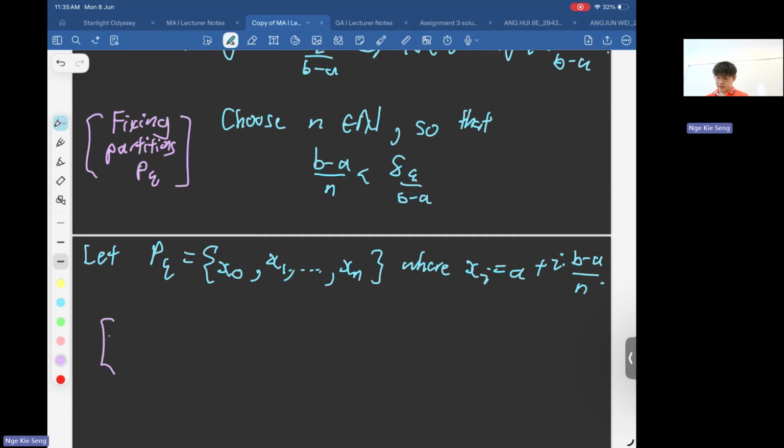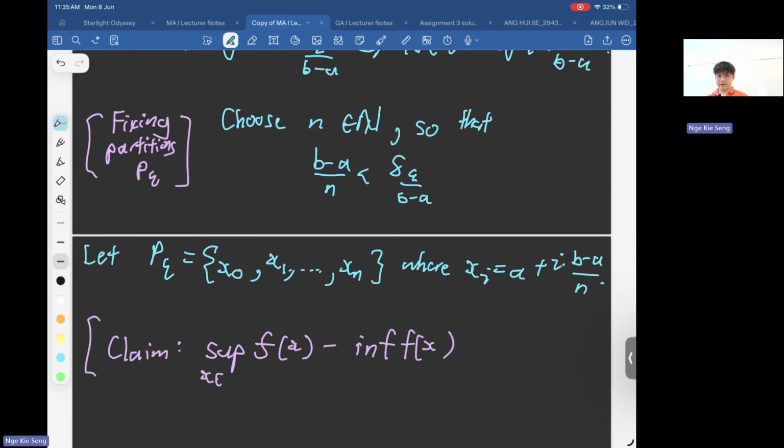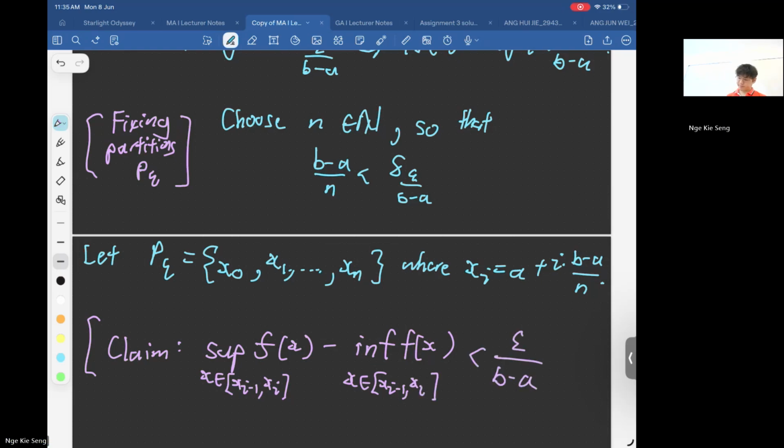So we claim that the sup of f(x) minus the inf of f(x), such that x is in [x_{i-1}, x_i], is less than epsilon over (b minus a). Right, this is our claim, for each i.